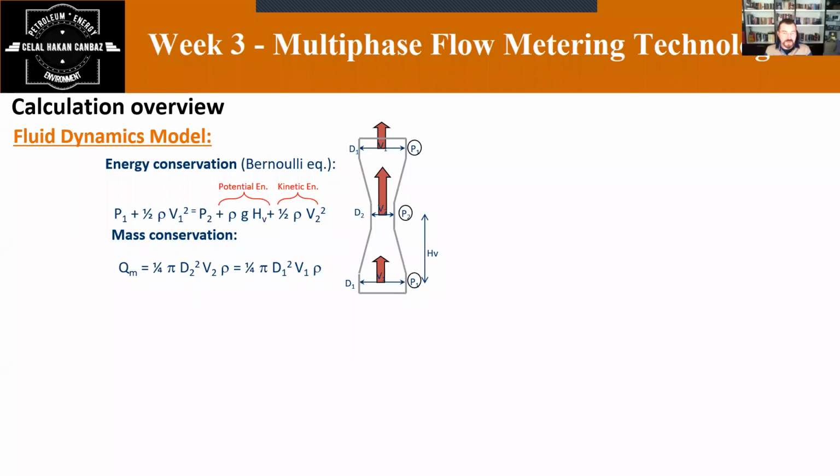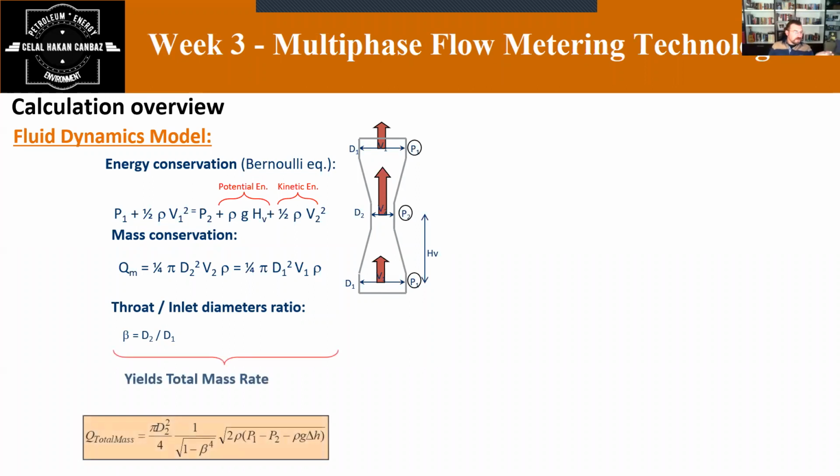Another ratio I need for my calculation is the throat inlet diameter ratio. I will use these three equations and I will get the total mass rate. This is the total mass rate formula that I get.